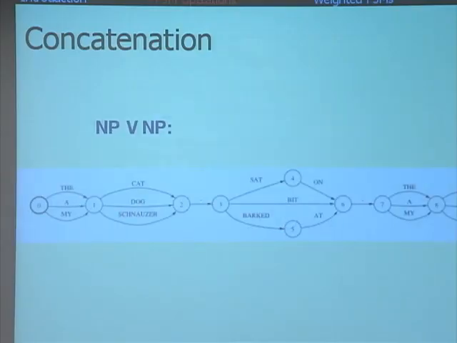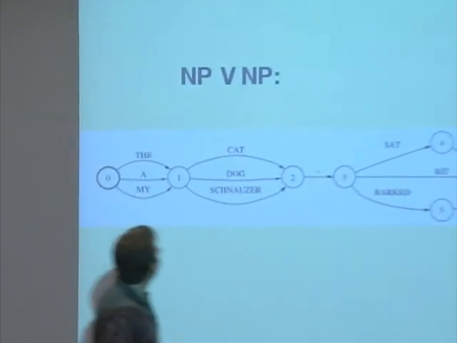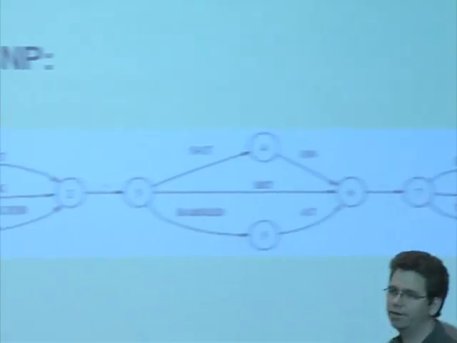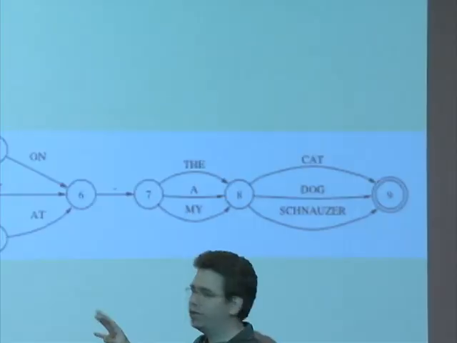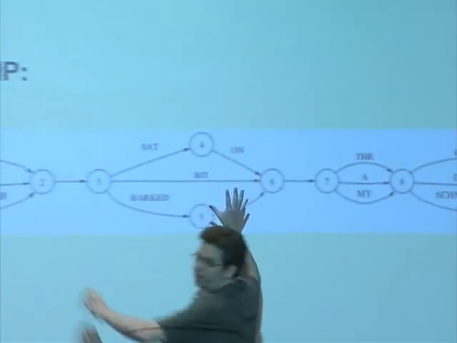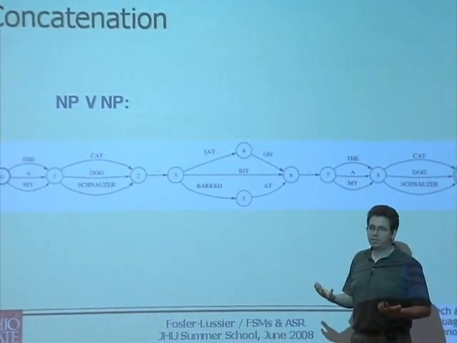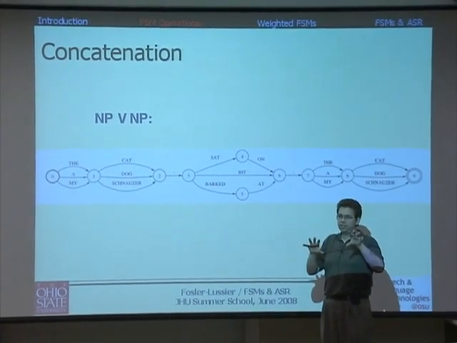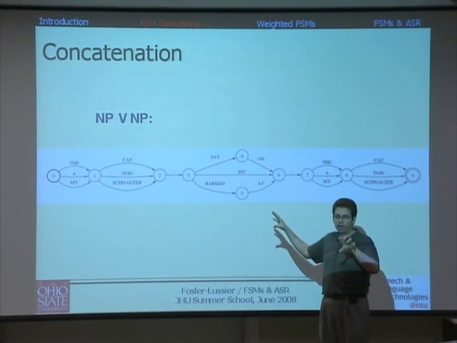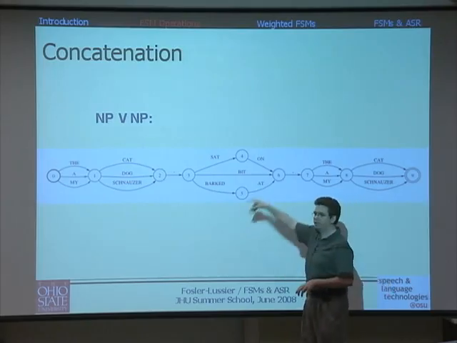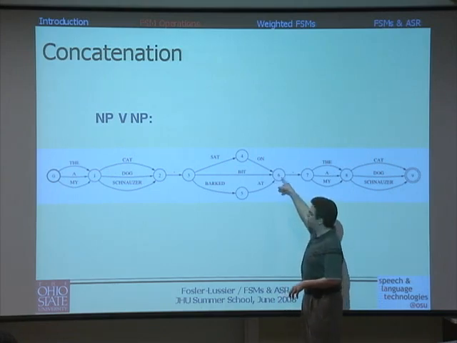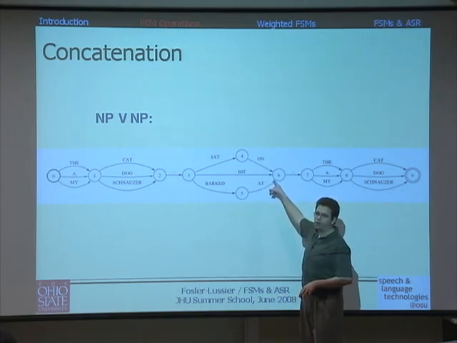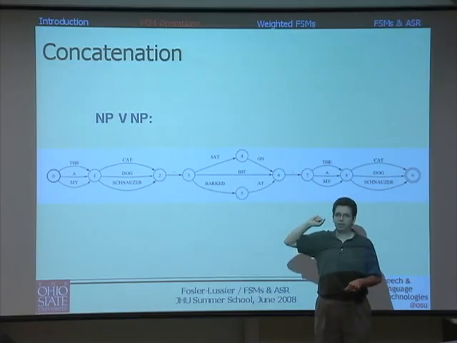Now if I concatenate those, you get the cat sat on my schnauzer, or any of a number of possible sentences. So you can take the same noun phrases and stick them together. That's a nice feature: if I have one thing that does a repeated function, I can glue them together very nicely. I don't have to build this graph. You might notice the same use of epsilon transitions. What do you think the algorithm for concatenation might be?